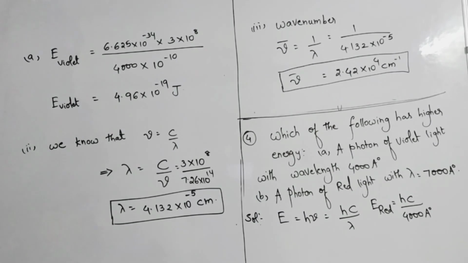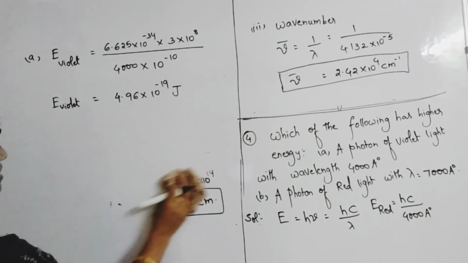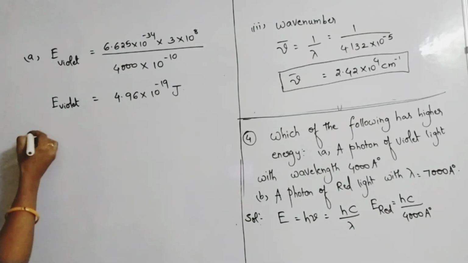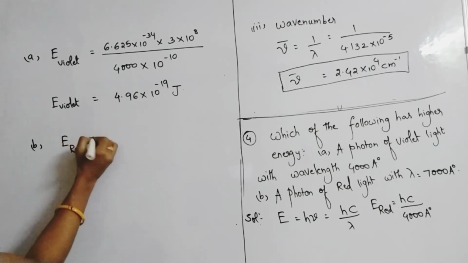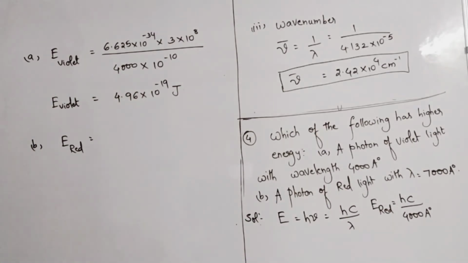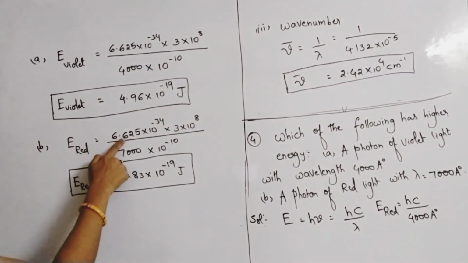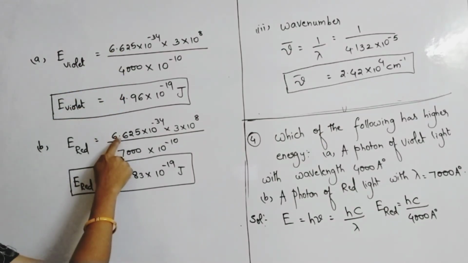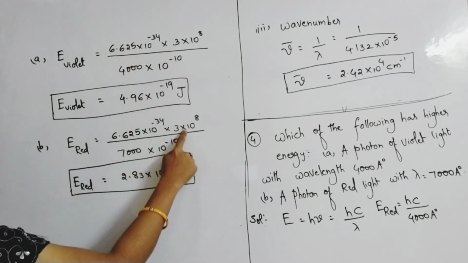Now same like that, we have to calculate E red, the energy of red light. Red light is given wavelength 7000 angstroms. So same value: substituting 6.625 as H value and this C value.